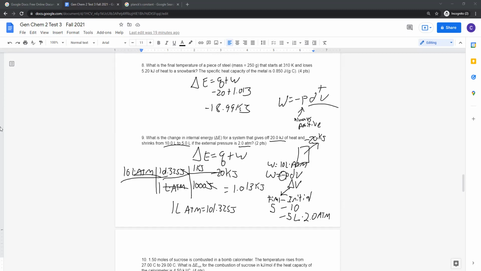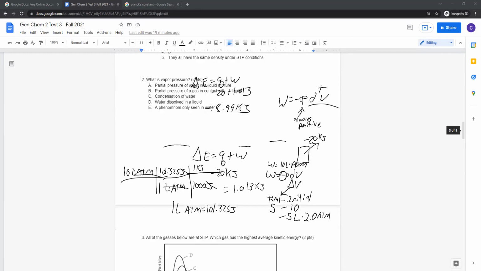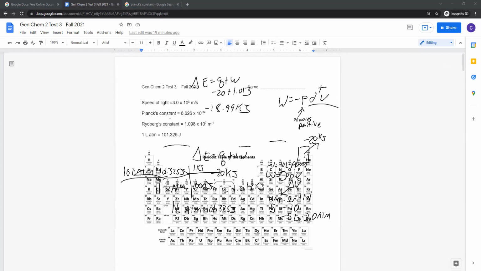And I will say, I don't necessarily have all these equations memorized, like work equals minus P delta V. The way I remember that is all through units, because I know if you go on the very top, and this will be something they'll give you, they'll give you constants and some conversion factors.